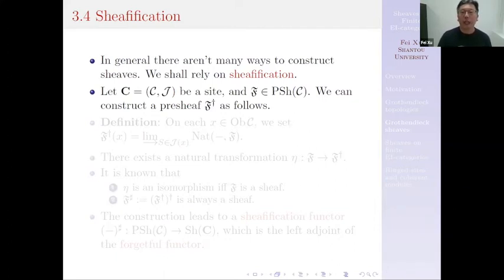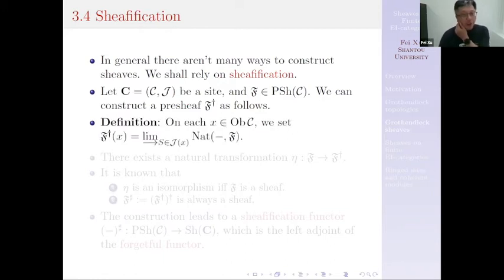We call this F dagger, and it is defined on objects as various direct limits. Here, remember that when you take an object X, then J(X) consists of all the subfunctors of the representable functor. So they form a poset by natural inclusion. This is the reason why you can have such a limit.